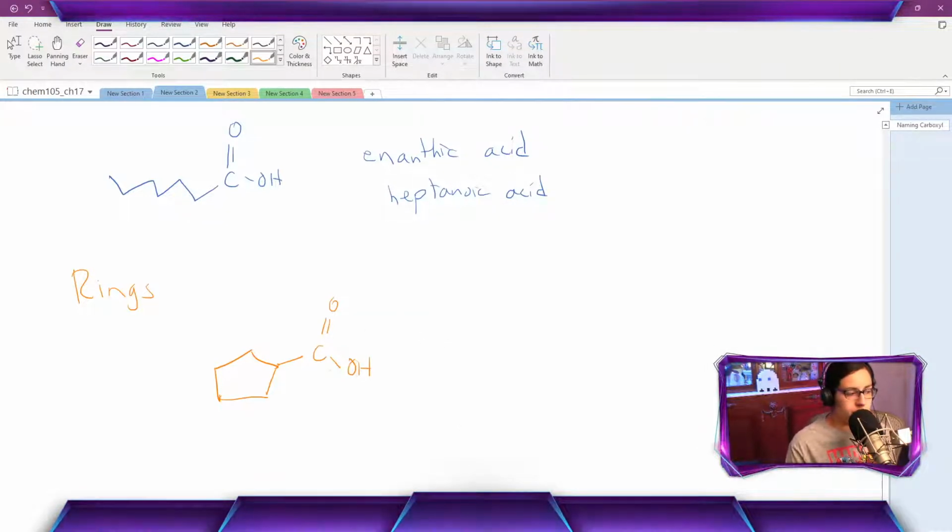And so if we have a ring, then we can just add the suffix carboxylic acid. So in this case, we know how to name it. So 1, 2, 3, 4, 5. So cyclopentane carboxylic acid.